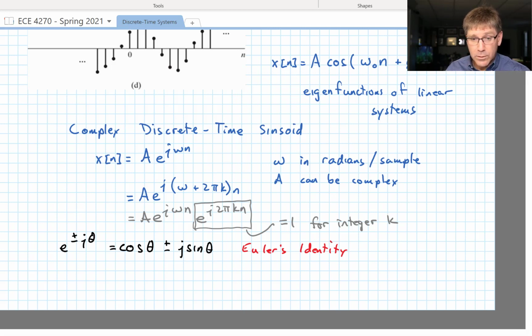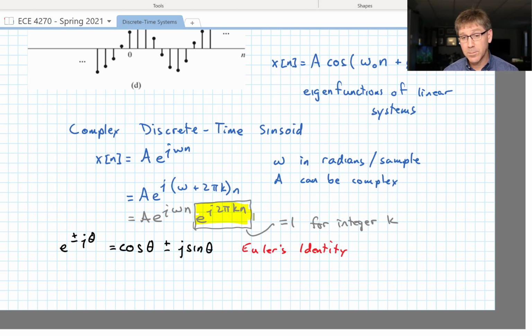If we look back at what we did just above, that would mean that this value here is going to be cosine of 2 pi k n, plus j sine. So it's going to be an integer multiple of 2 pi. A cosine of 2 pi is 1.